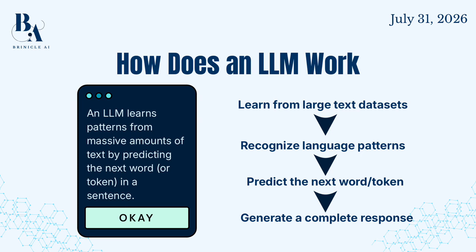Over time, the model becomes better at recognizing grammar, context, facts, writing styles, and relationships between words. By the end of training, the model hasn't memorized every sentence. It has learned statistical patterns in language that allow it to generate coherent and contextually relevant responses.